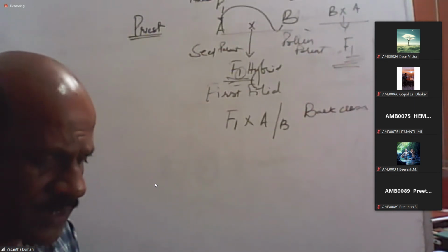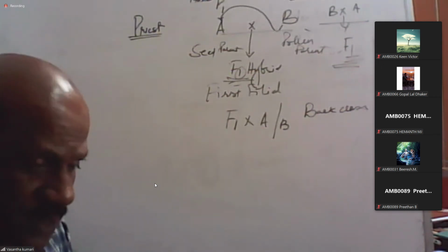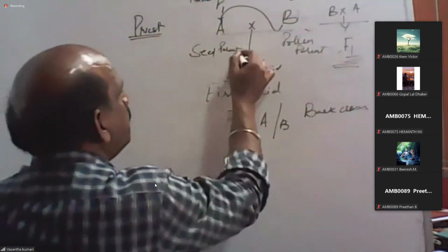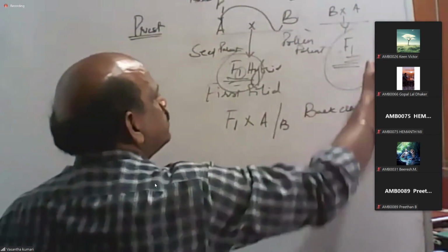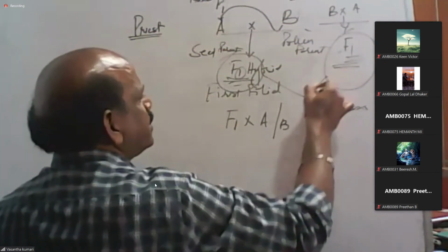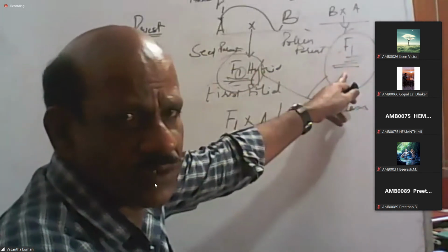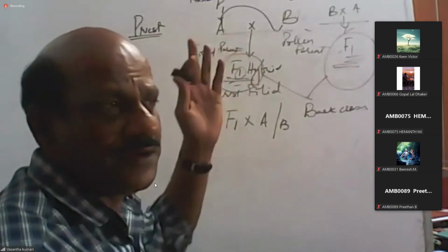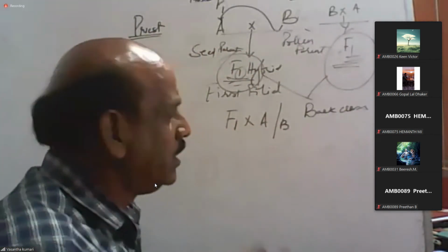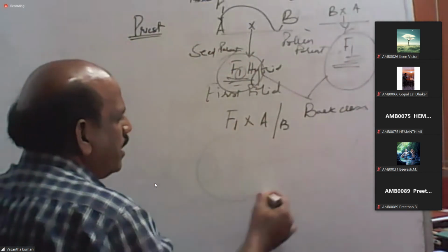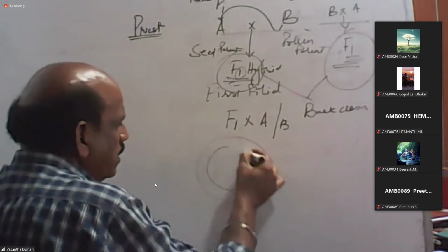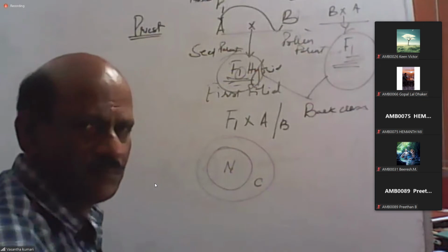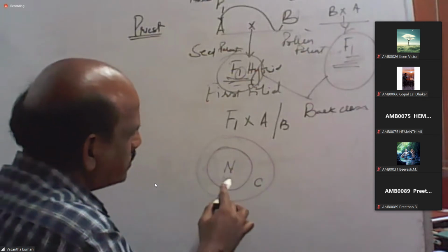If the trait under consideration is under the influence of nuclear genes, there will be no significant difference in the phenotypic expression of these two F1 hybrids. Now please remember, in a cell you have the nucleus and the cytoplasm.